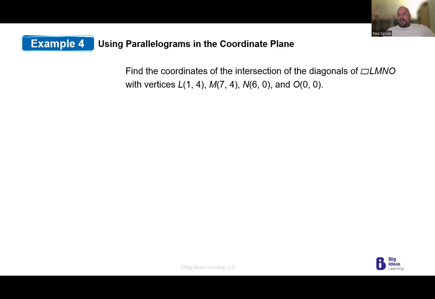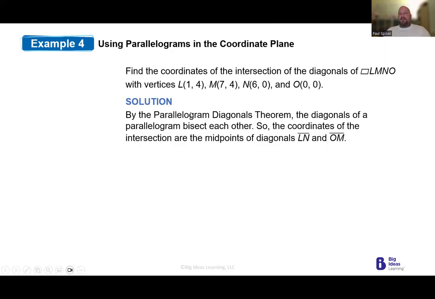Well, we had our property that said the two bisect each other. Since they bisect each other, that point where they're being bisected is a midpoint. So we can use our midpoint equation in order to find that value.